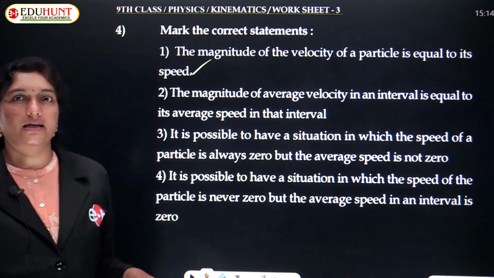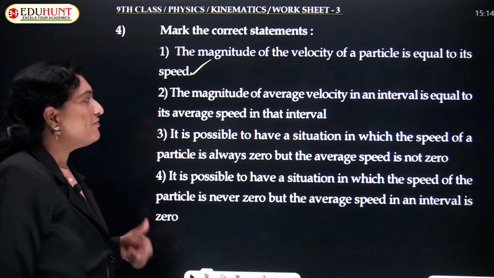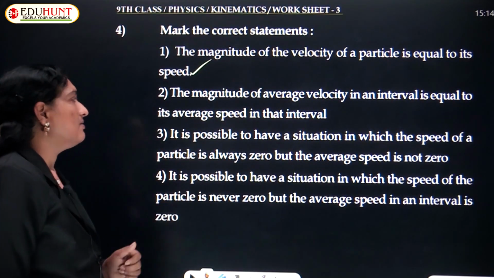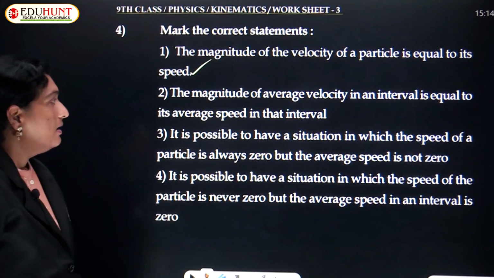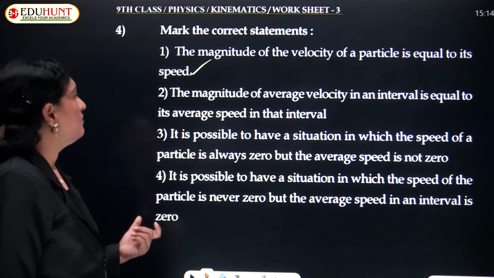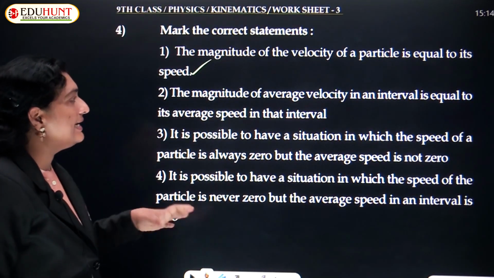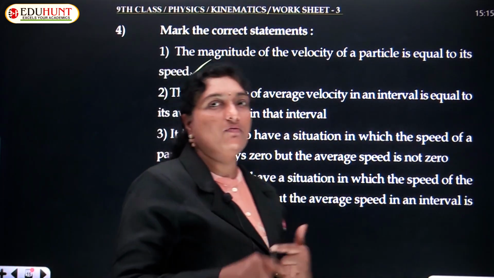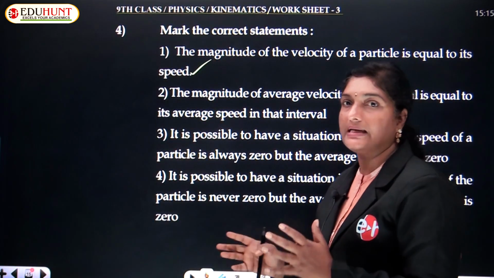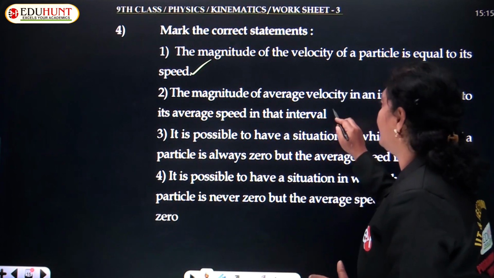Speed has only magnitude. Okay. The magnitude of average velocity in an interval is equal to the average speed in that interval. It was given for a particular interval, so we cannot say anything.